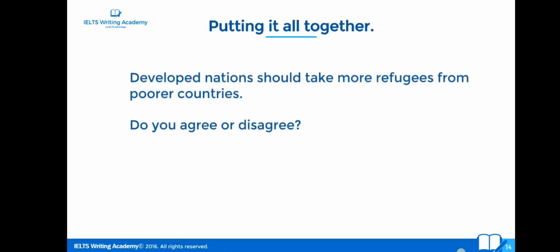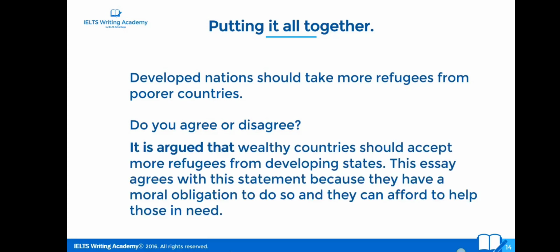So, putting it all together: developed nations should take more refugees from poorer countries. It is argued that wealthy countries should accept more refugees from developing states. This essay agrees with this statement because they have a moral obligation to do so, and they can afford to help with those in need. So here is the paraphrase. Oh, sorry. These computer markers are really inaccurate.